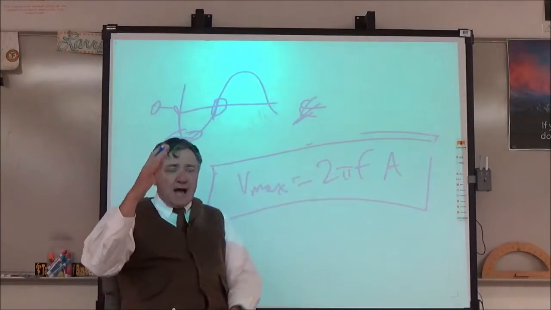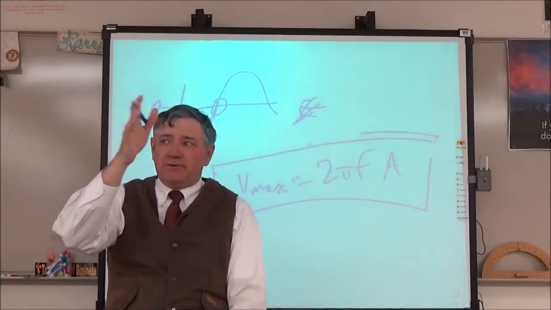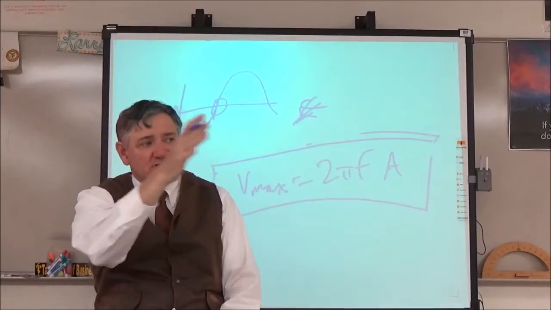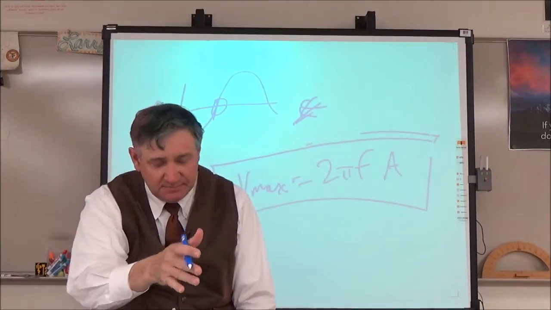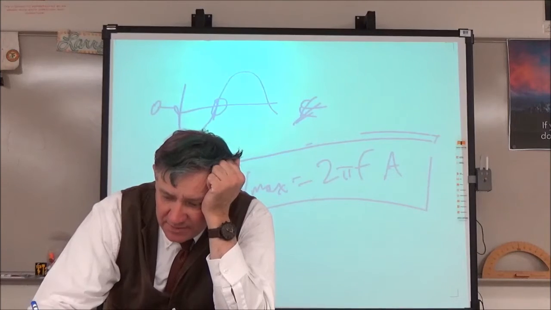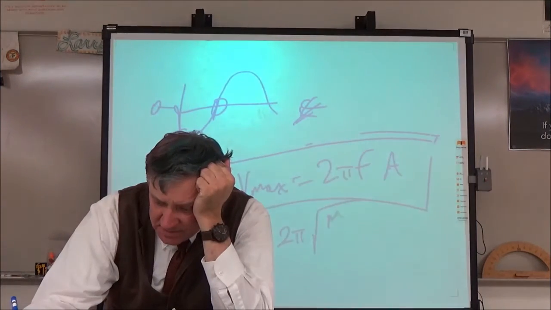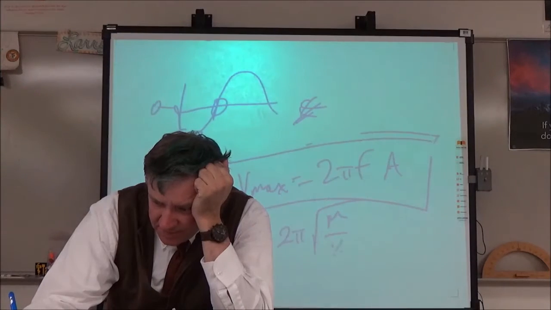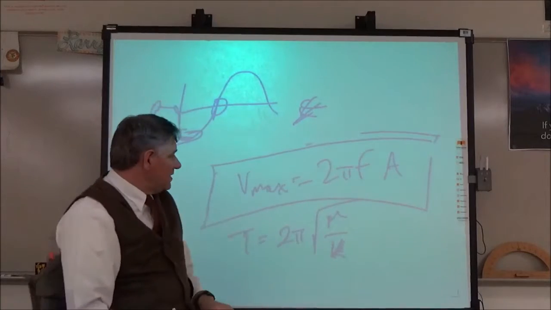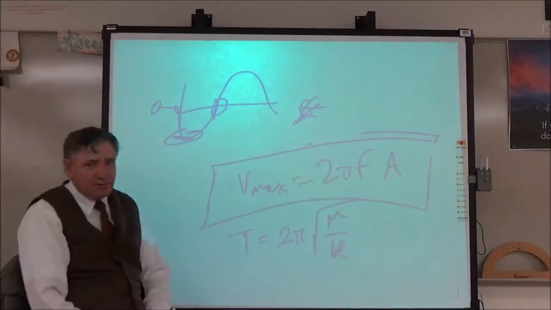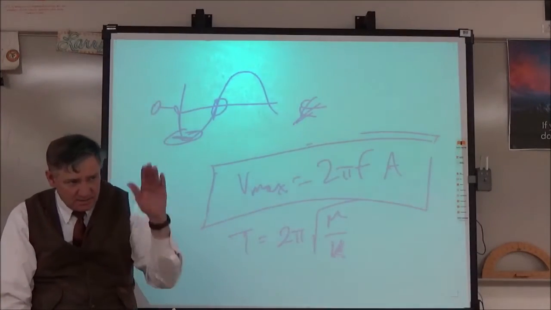If you look at this in terms of a bigger concept, I'm going to step back from this equation for just a second. Period is 2 pi times the square root of m over k. So what's the only thing that affects the period of that oscillation?